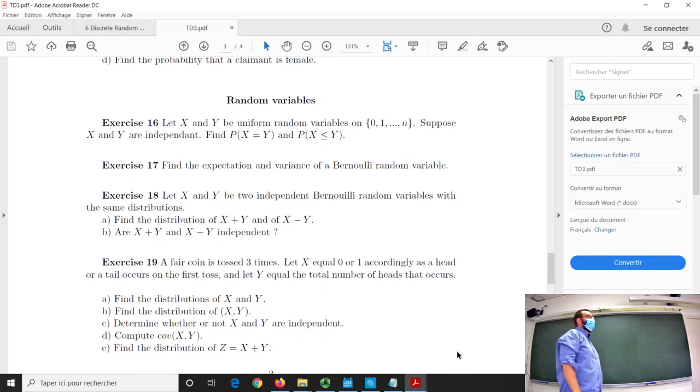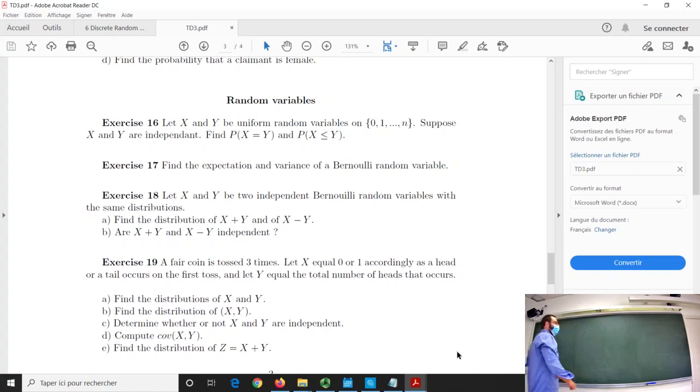So I suppose that I have two independent random variables, X and Y, and both follow a uniform on the set 0, 1, 2, until n.